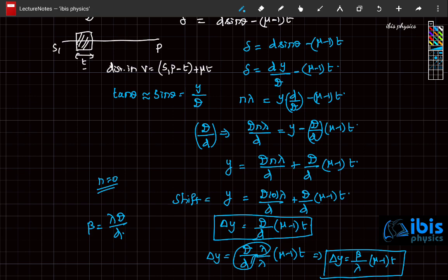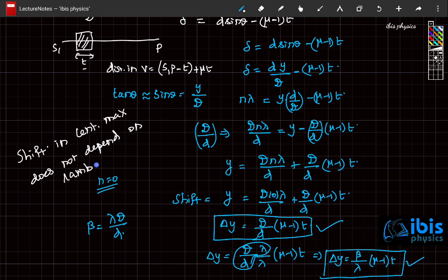So today we have discussed the shift in central maximum is this and this, and know that here lambda is not involved. Here we are writing this in terms of lambda, but when you look at this relation, there is no lambda here. So know that shift in central maximum does not depend on lambda or the wavelength.